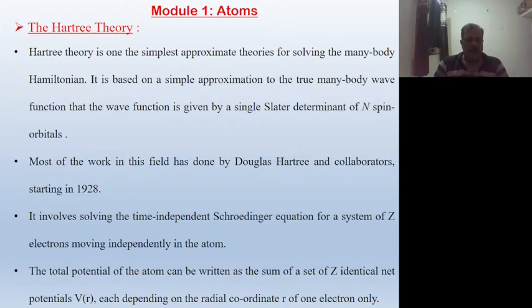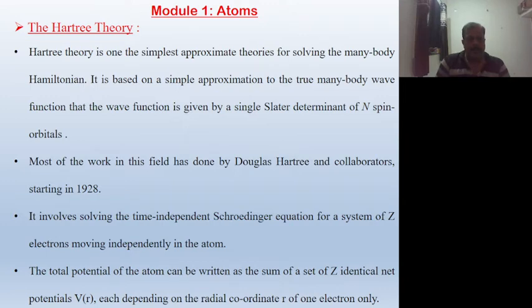Now most of the work in this field was done by Douglas Hartree and collaborators starting in 1928. It involves solving the time-independent Schrodinger equation for a system of Z electrons moving independently in the atom. We are familiar with the Schrodinger equation, time-independent and time-dependent; we have already discussed it in TYBSc.